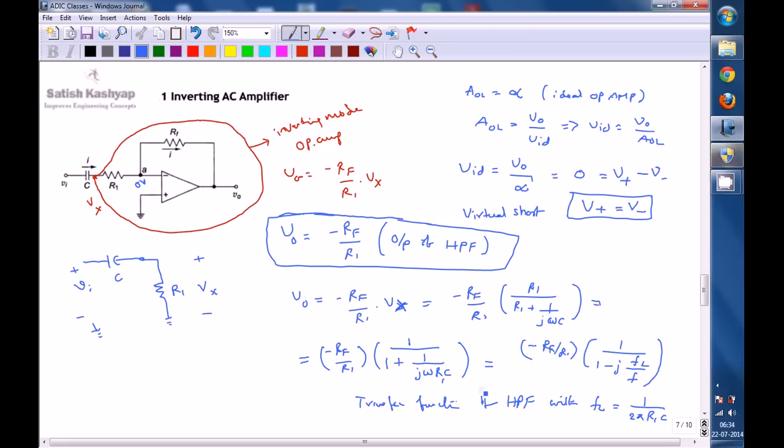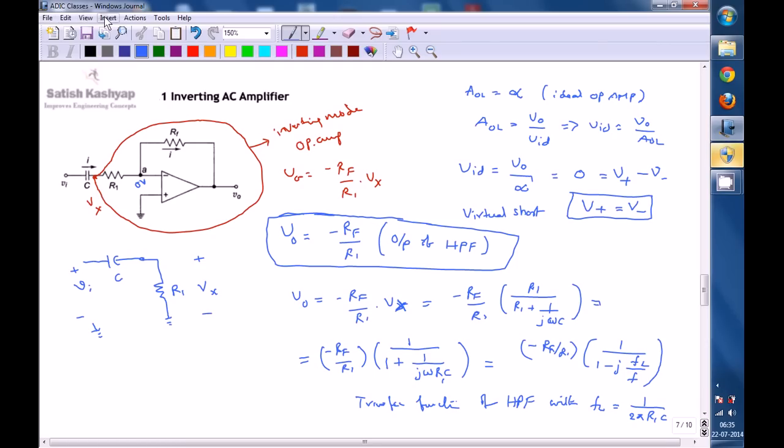By choosing the component values for R1 as well as C, you can define the lower cutoff frequency, so that this acts as an AC amplifier, which passes the frequencies from that frequency onwards. All frequencies above are passed and frequencies below are suppressed.